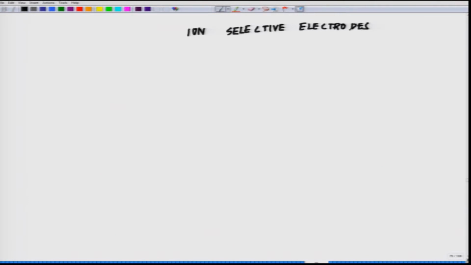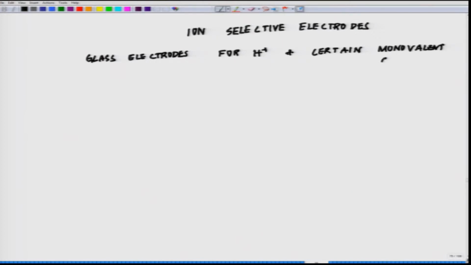Say for example, one of them is the glass electrodes, which are used for H plus and certain monovalent cations. We will talk about it, that is essentially the pH, certain monovalent cations.